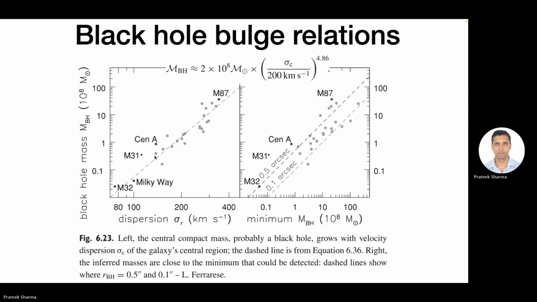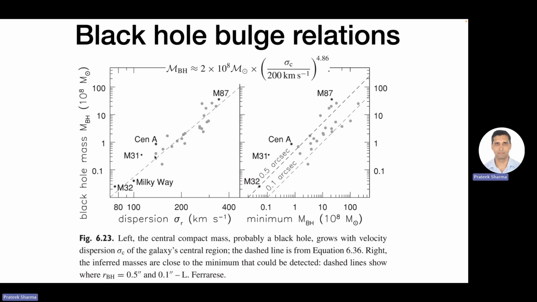So we know the scale at which we are measuring sigma, and we know sigma squared should be some factor times GM by r. We know r because we know the distance of the galaxy and the angle. So that's how you do it.